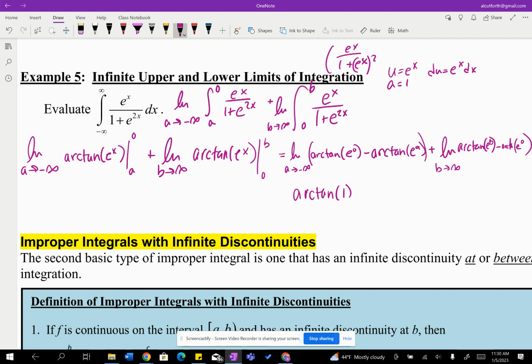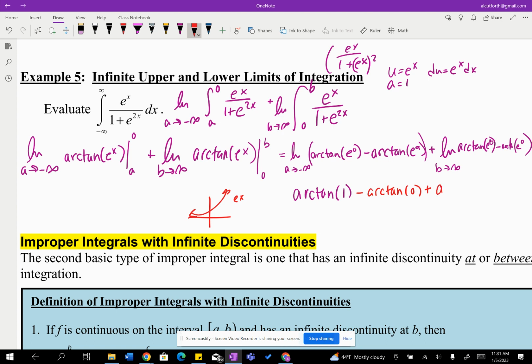As a approaches negative infinity of e to the a, that's actually going to go to 0 because this is e to the x, right? So as x approaches negative infinity, e to the x goes to 0. So this is going to be arctangent of 0. But as b goes to positive infinity, e to the b will go to infinity.